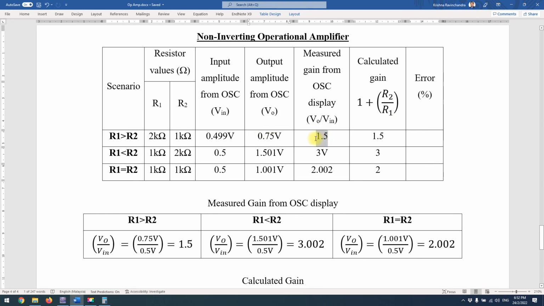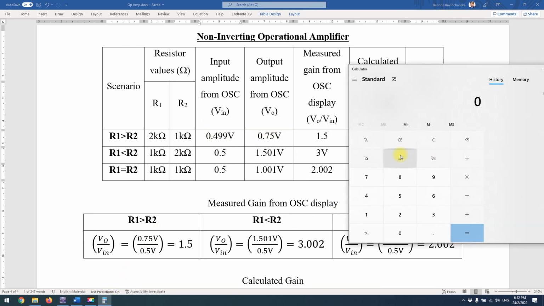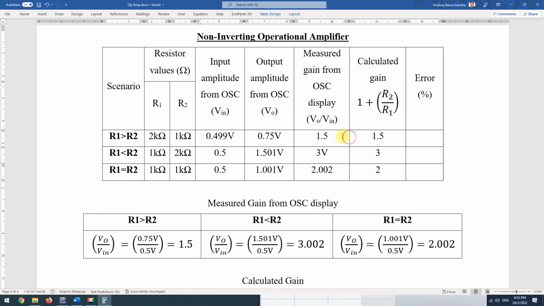Now the measured gain is going to be this divided by this. So what are we going to get? 0.75 divided by 0.499 gives 1.503. That is my gain.